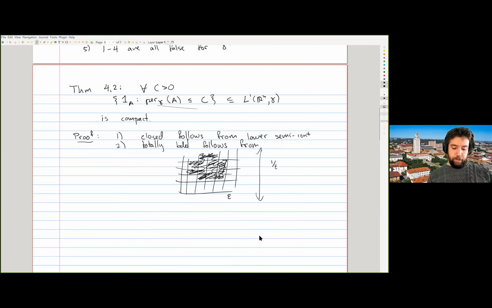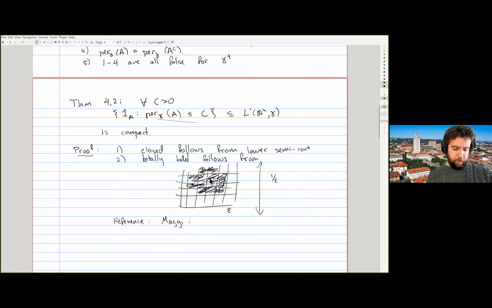Okay, and yes, there's a reference. In fact, for all of the stuff that I'm telling you about geometric measure theory, the reference that I use is the book by Francesco Maggi. The title is long and I always forget it, but it starts with Sets of Finite Perimeter.